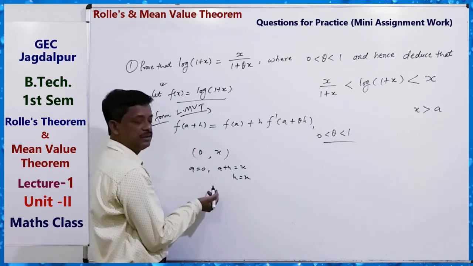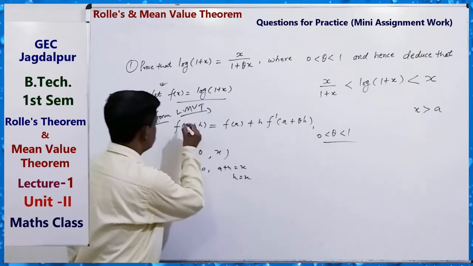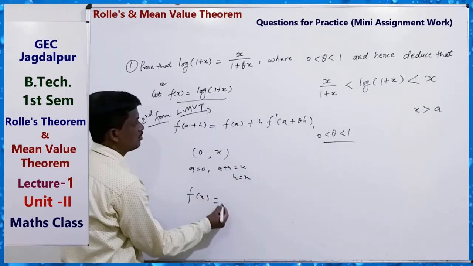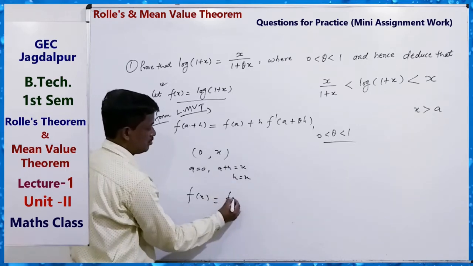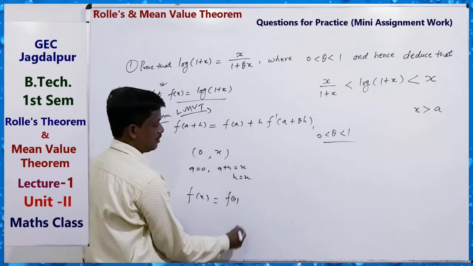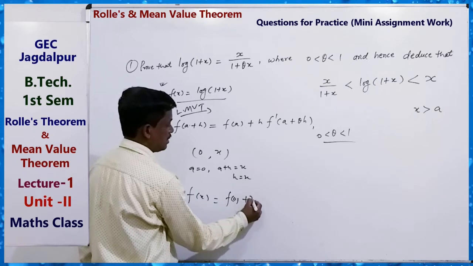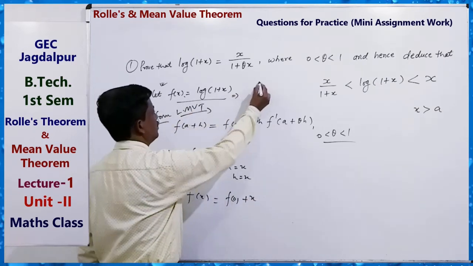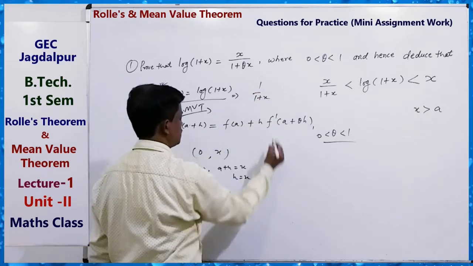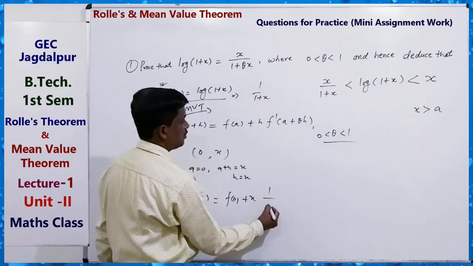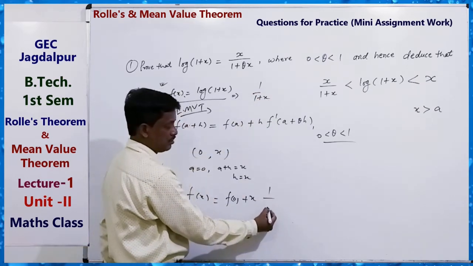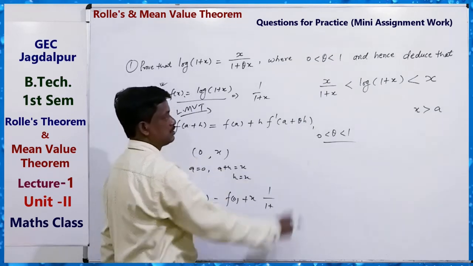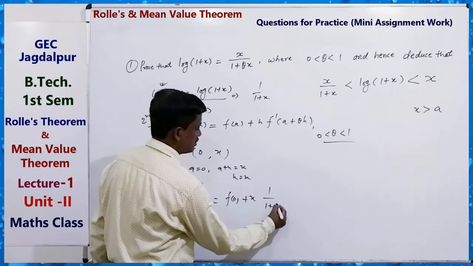So what do we get? f(x) equals f(0) plus h, which means x, times f dash. Just differentiate it: 1 upon 1 plus x, so 1 upon 1 plus theta x.